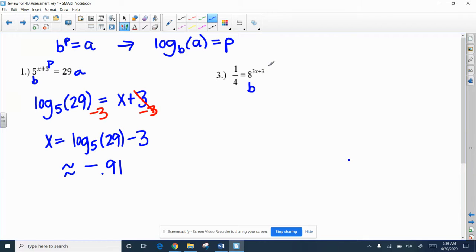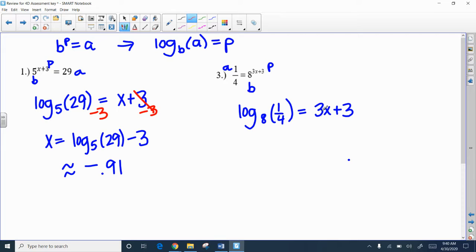So the 3x plus 3 is the power, and the 1/4 is the a. So when I change it to logarithmic form, it's going to be log base 8 of 1/4. So log base b of a equals 3x plus 3. So that's step 2, change form. So step 1 was already done. Step 2, change forms. Step 3, now we got to solve for x.